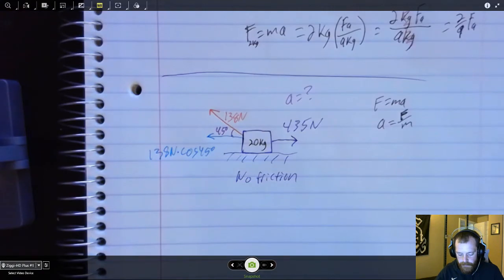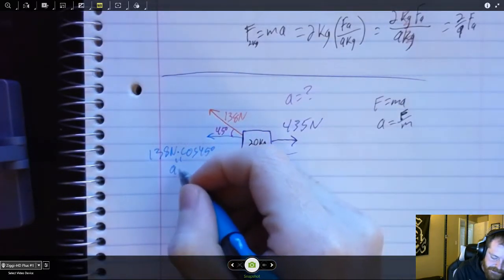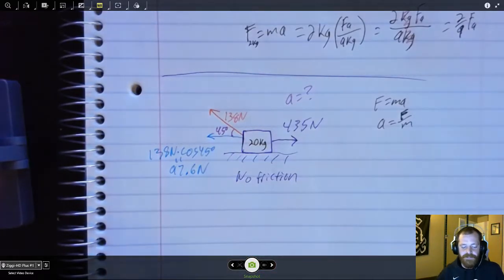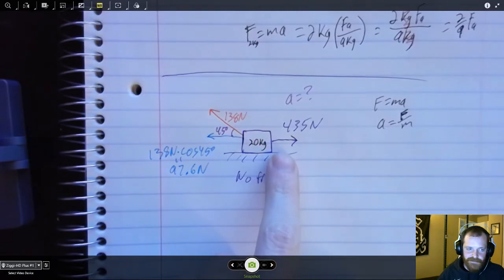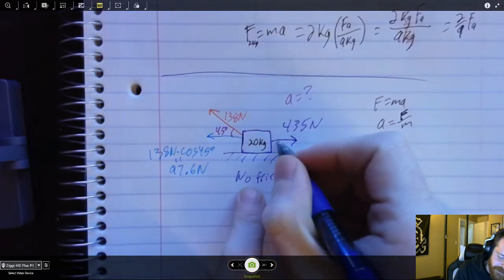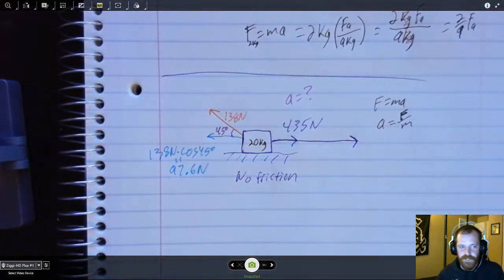And I get 97.6 newtons. Already this is wildly inaccurately drawn, because this force is 435 and that's 97.6. That arrow should actually be much bigger. Whatever, I'm making up numbers on the fly.